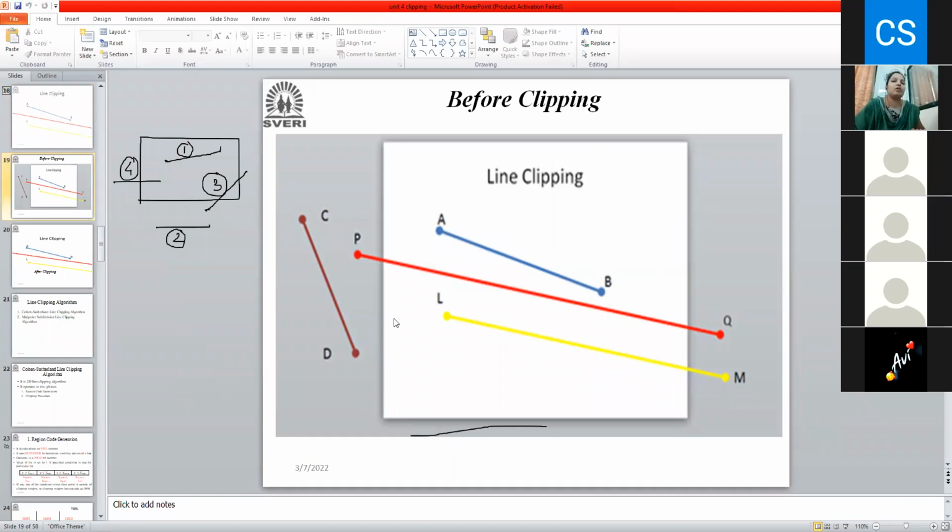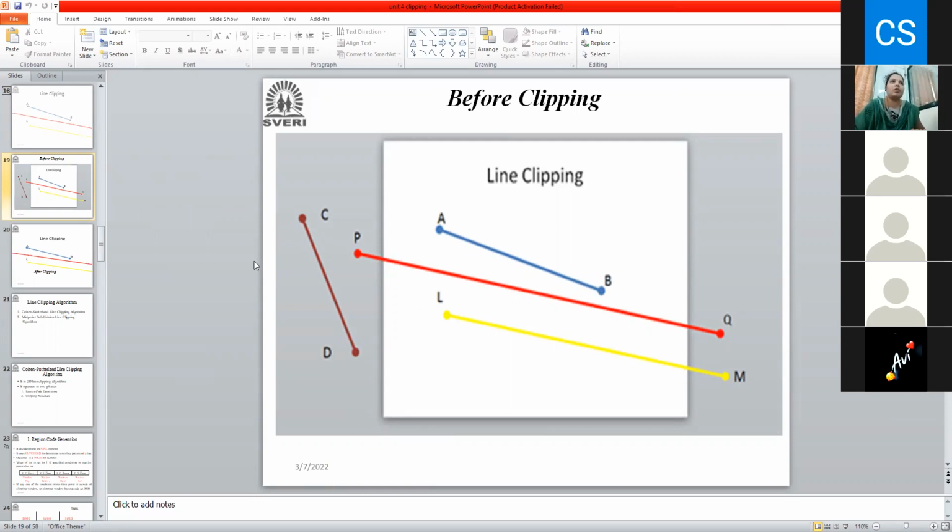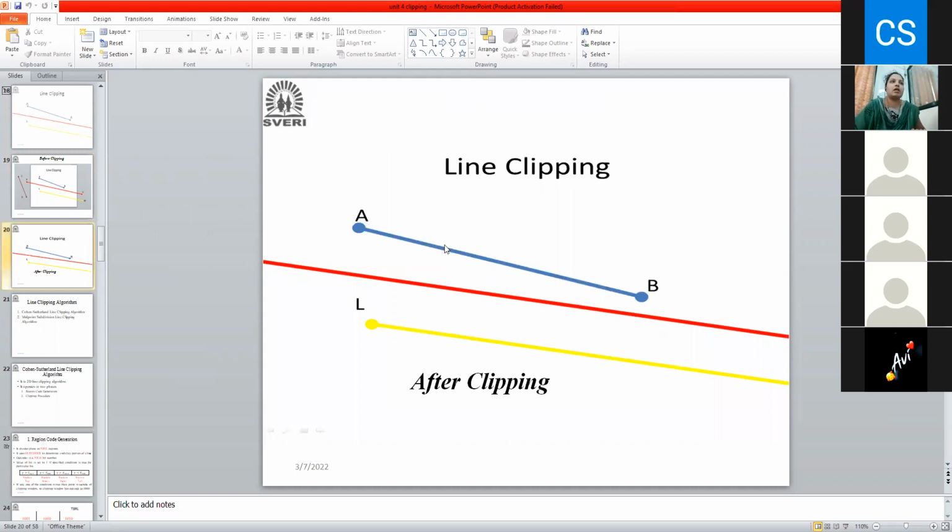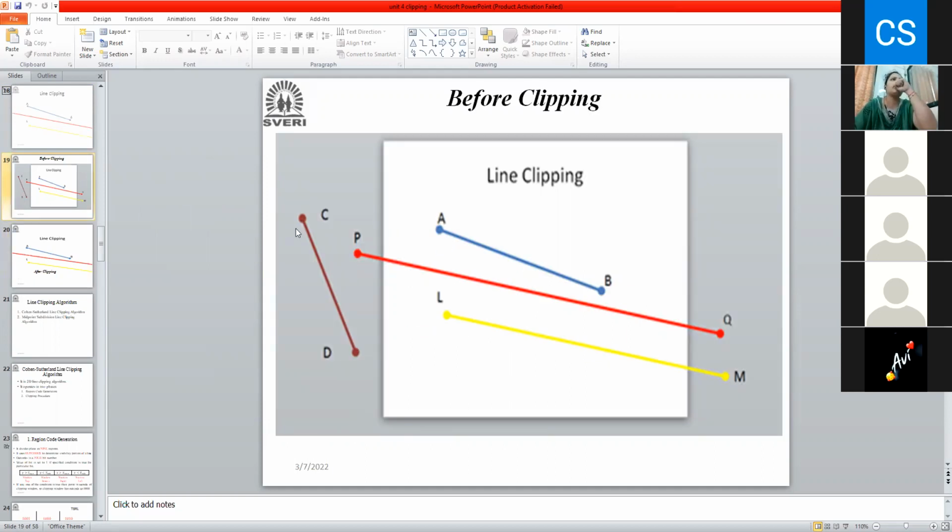So before clipping, you are observing this picture. I will clear the screen. Okay, so this is the picture before clipping, and the next is after line clipping. So the CD line and the portion which is outside for PQ as well as for LM.